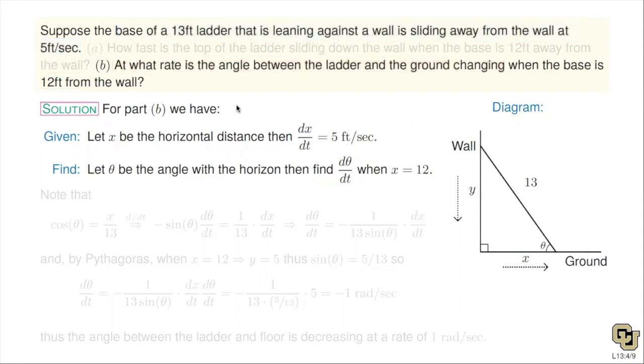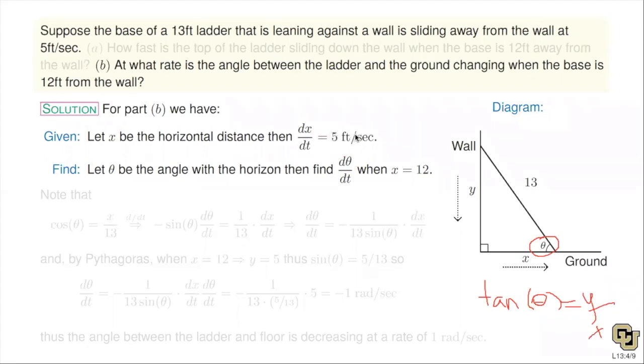And so now, all I need is an equation that relates x and theta, not dx dt and d theta dt, just x and theta, and then I'll take derivatives. So here we're going to use some trigonometry. If you look at theta here, there's a couple of options. One option that I don't want to use, but I want to talk about, is certainly tangent of theta. Tangent of theta is y over x. I'm looking for an equation that involves x and theta, and this certainly does.